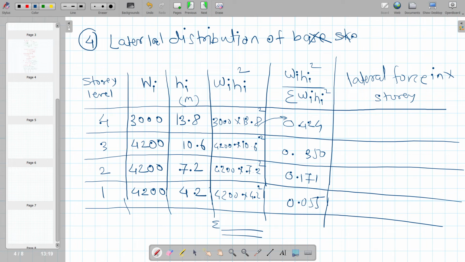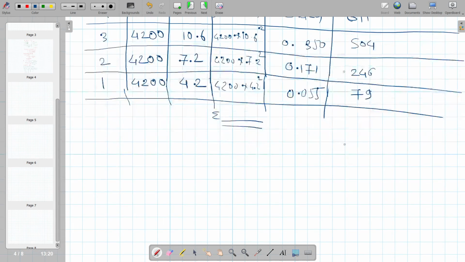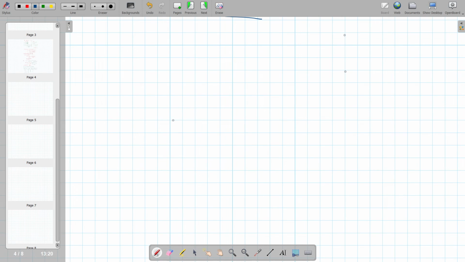You can refer to our previous video, in which I have explained how to calculate this. I will just give you the values 246 and 79, and this is the lateral load distribution. You have to just show it.